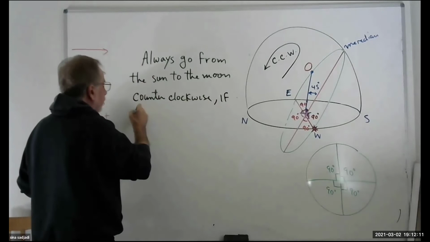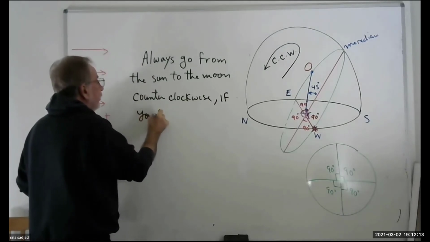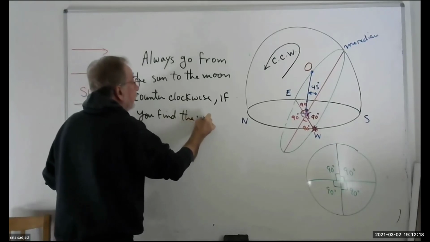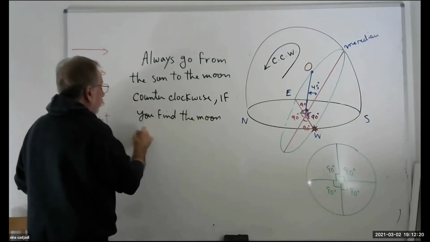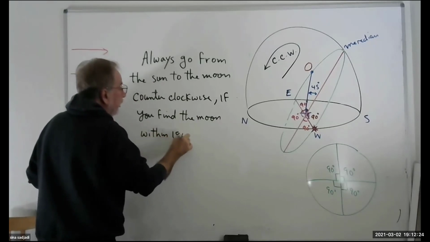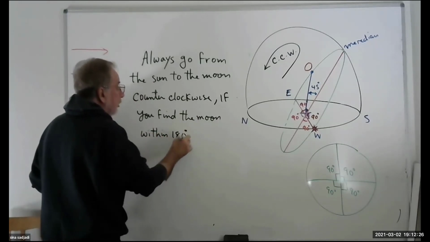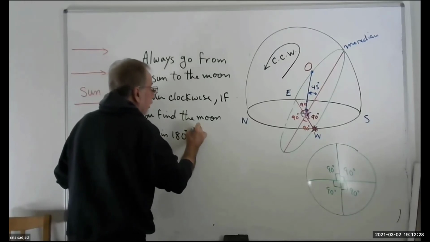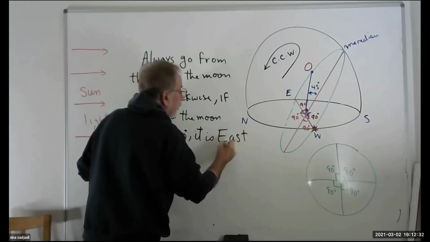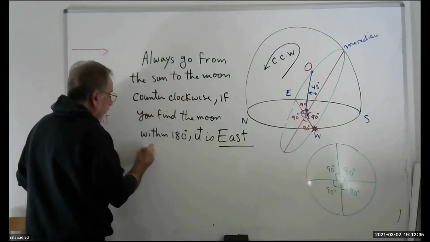If you find the moon within 180 degrees, it is east of the sun.